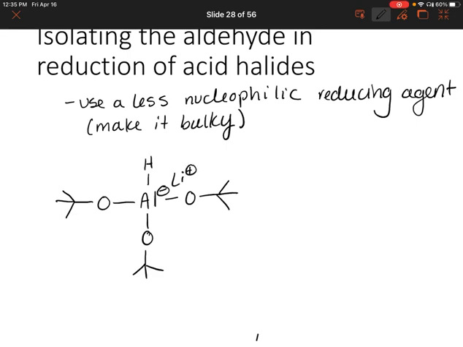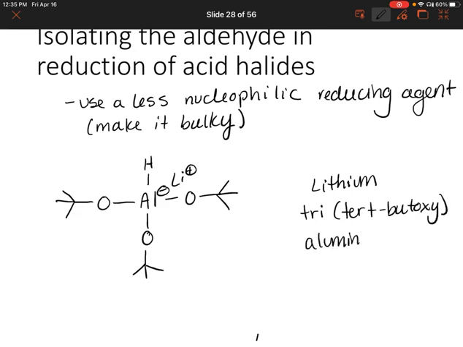So again, this is called lithium tri-tert-butoxy aluminum hydride. So quite the name there.